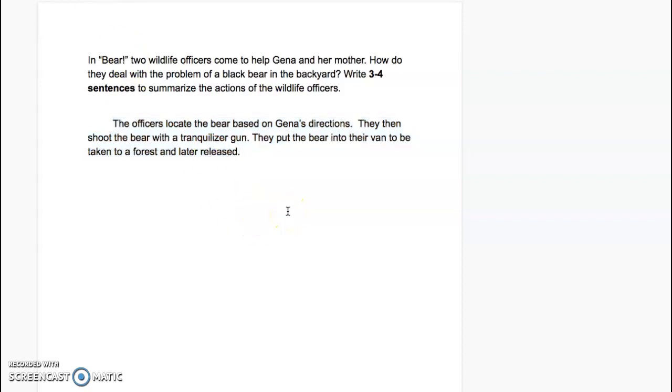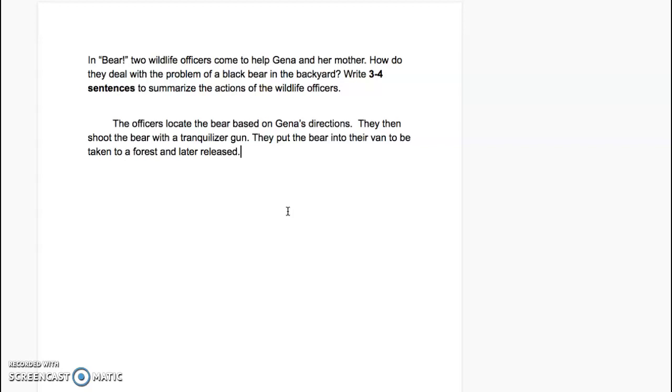The response that I've come up with is: the officers locate the bear based on Jenna's directions. They then shoot the bear with the tranquilizer gun. They put the bear into their van to be taken to a forest and later released. So I need to go back up into the question and make sure I answered everything. So the question again says, in Bear, two wildlife officers come to help Jenna and her mother.